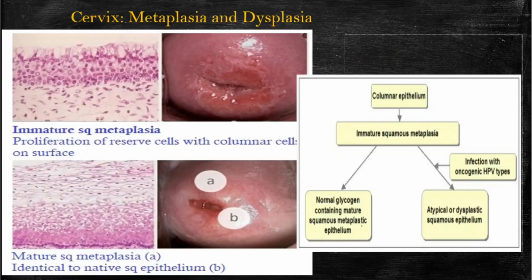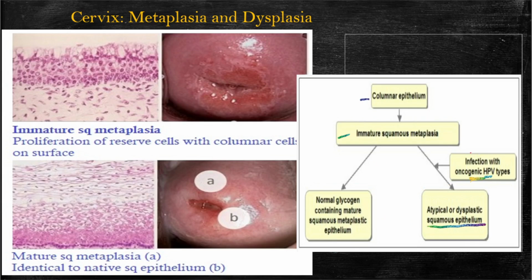So let's look at some of the differences between metaplasia, this changing cell type from columnar to squamous, and dysplasia. When we've got our columnar epithelium that make up the endocervical area, and this metaplasia starts happening, the immature squamous metaplasia, if there is some type of oncogenic effect, so infection with HPV being one of the most common, that can lead to atypical or dysplastic squamous epithelium.